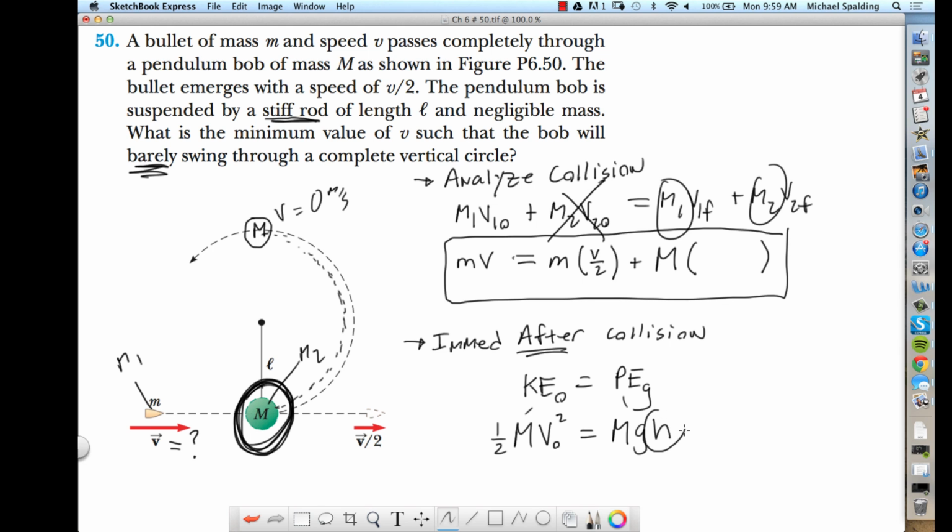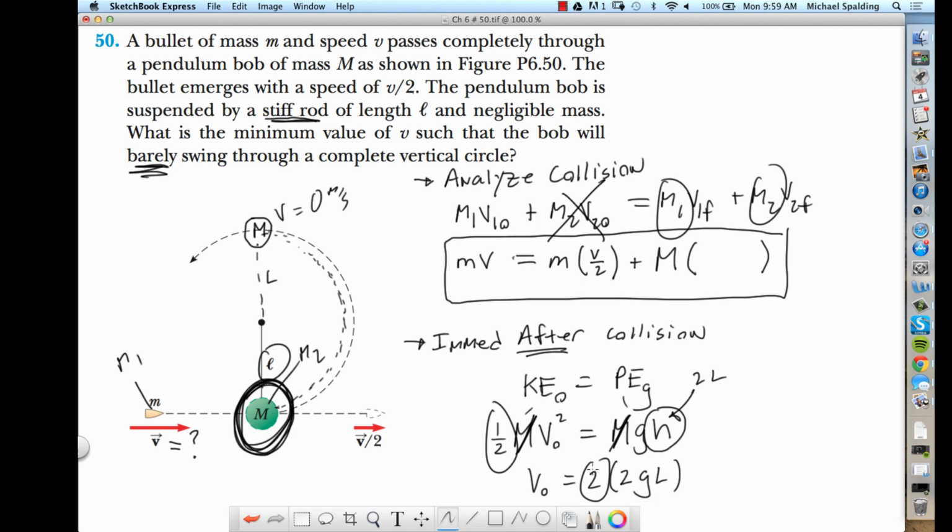mgh. Now hold on a second. What's that h going to be? 2L, right? Because it goes up not 1L, but 2L. So h is 2L. The m's cancel. So his velocity after the collision is going to be equal to, let's see. So we can't forget about that 1/2 right there. It's basically going to be 2 times 2GL, like that, right?